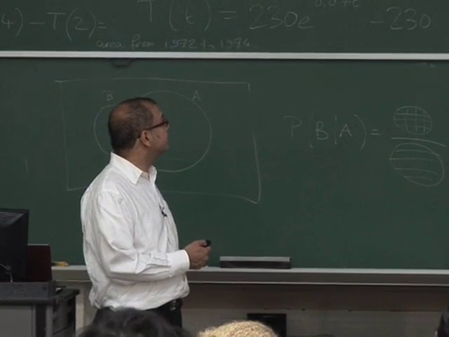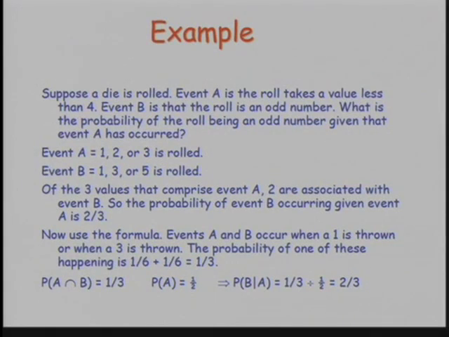Okay, suppose a die is rolled. Okay, and event A is the roll takes a value less than 4. And event B is that the roll is an odd number. Okay, what's the probability of the roll being an odd number? That is, what's the probability of event B given that event A has occurred, right?